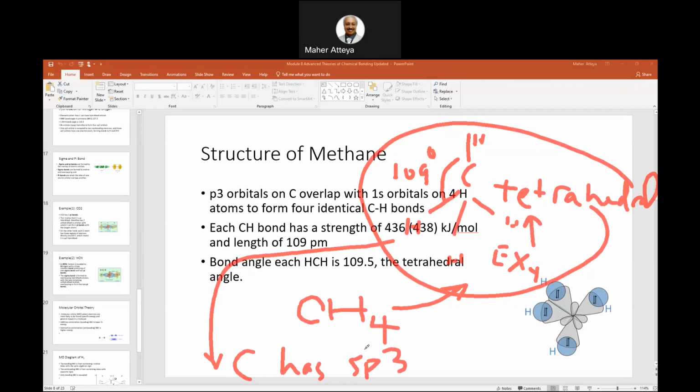And from hydrogen, you just have one s. So carbon will contribute to the bonding with its sp3 hybrid and overlap with the 1s orbital of hydrogen. So if you look at the whole thing, it will be sp3.